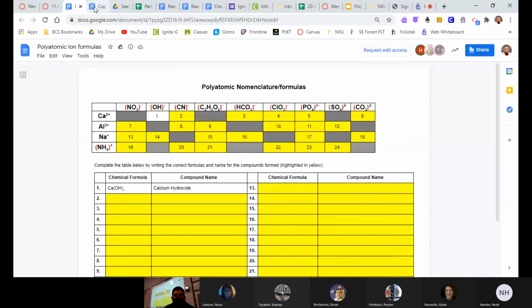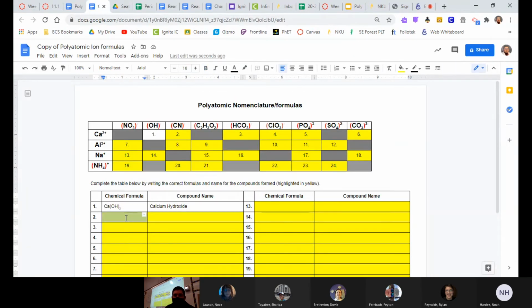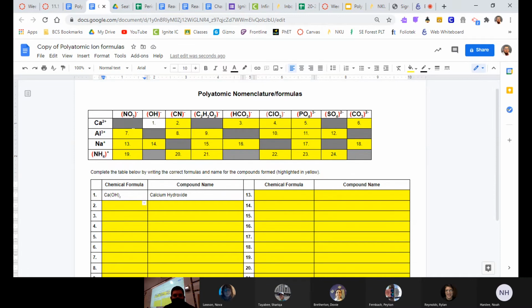Let's do a couple together real quick. So question number 2, what are we going to bond together for question number 2? Find number 2 in the table up above it. We're going to bond together Ca with CN. All right, now the Ca is going to give the CN 2. CN is going to give the Ca 1. Crisscross the charges.